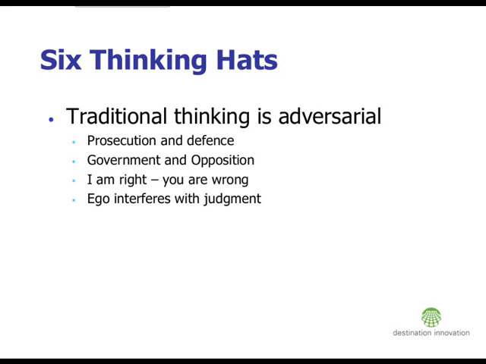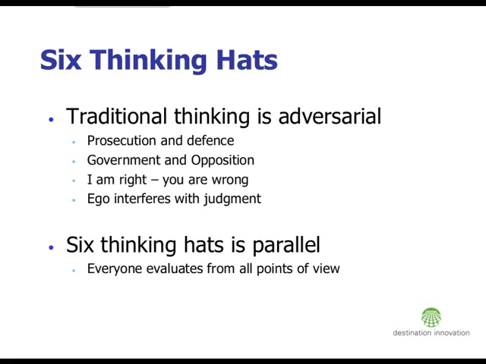And consequently, in many meetings, it's the most powerful people, the people with the most prestige, the most authority, whose opinions count the most and whose decisions get approved. And this is not always the best route. Well, 6 Thinking Hats overcomes these issues because it's not adversarial. 6 Thinking Hats is a parallel form of thinking, in that everyone thinks in the same style at the same time.